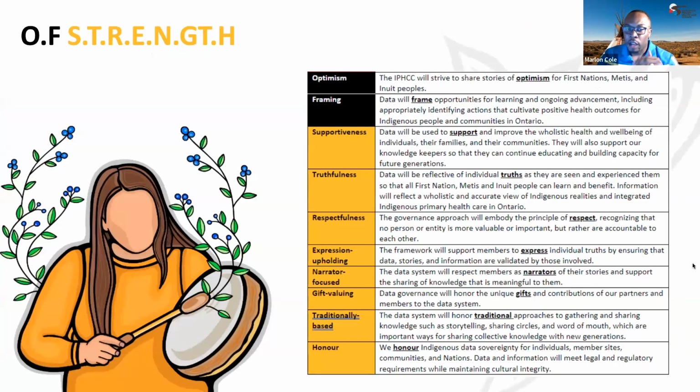So now it's stories of strength, but you'll see all this in the presentation that will be shared afterwards. Optimism and framing, right? Now, I said I won't go into optimism, but I'm just going to touch on optimism as my last point before I transition over to Kristen.